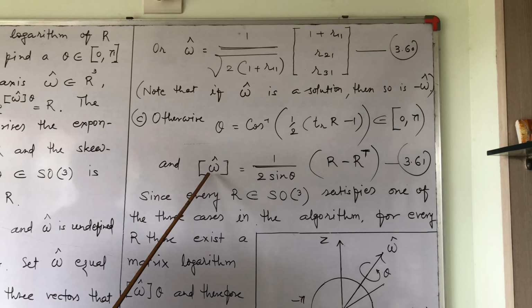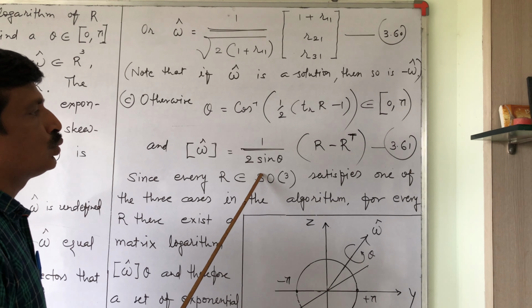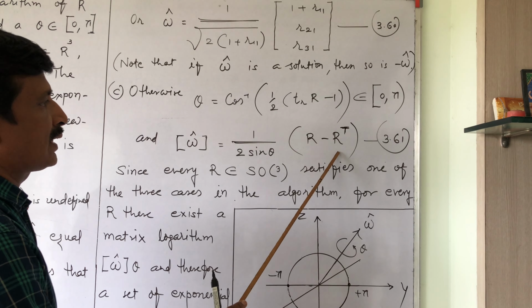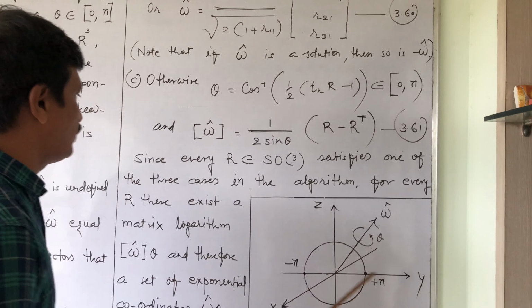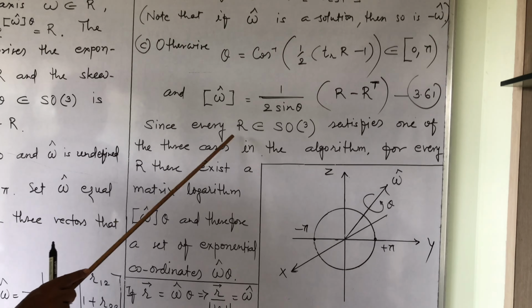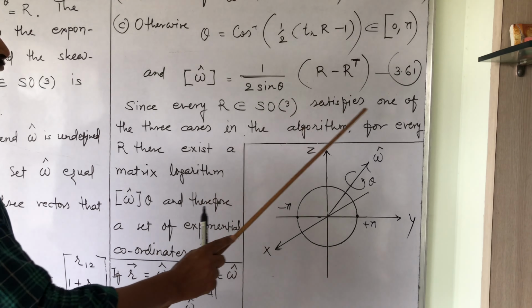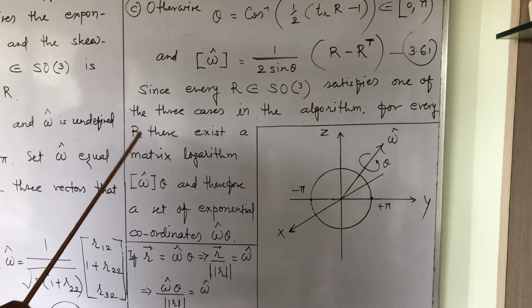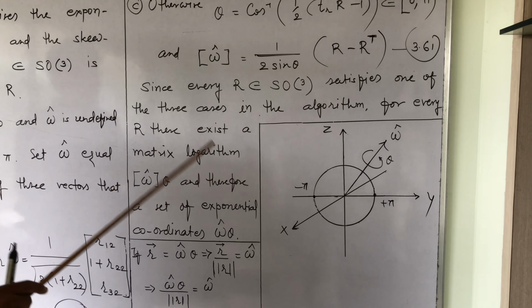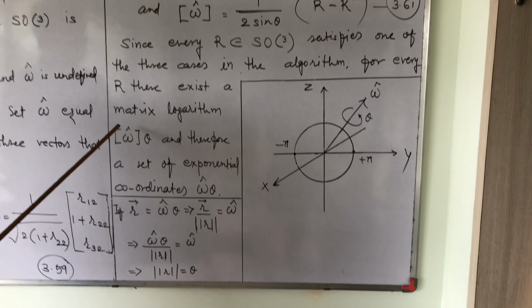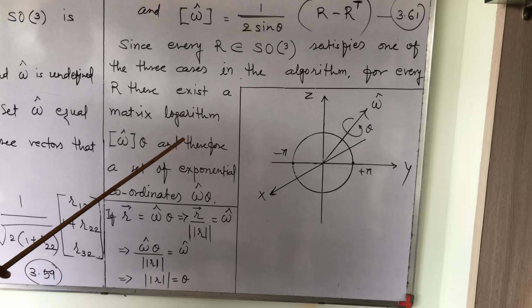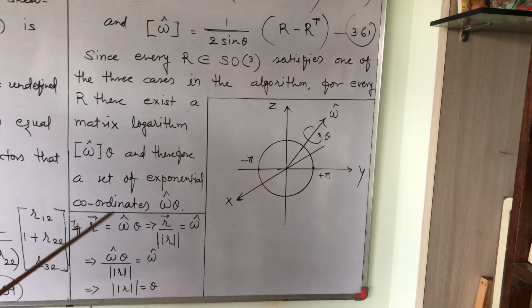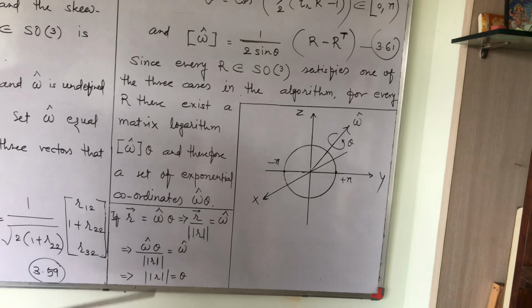And the skew-symmetric omega cap is 1 upon 2 sin theta times (R minus R transpose), equation 3.61. Since every R belonging to SO(3) satisfies one of the three cases in the algorithm, for every R there exists a matrix logarithm, the skew-symmetric omega cap times theta, and therefore a set of exponential coordinates omega cap theta.